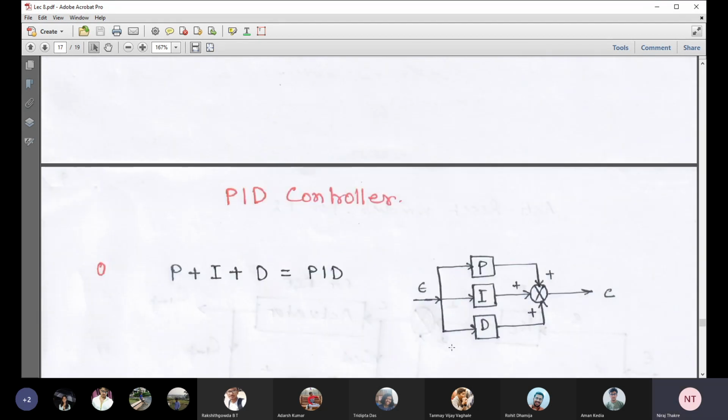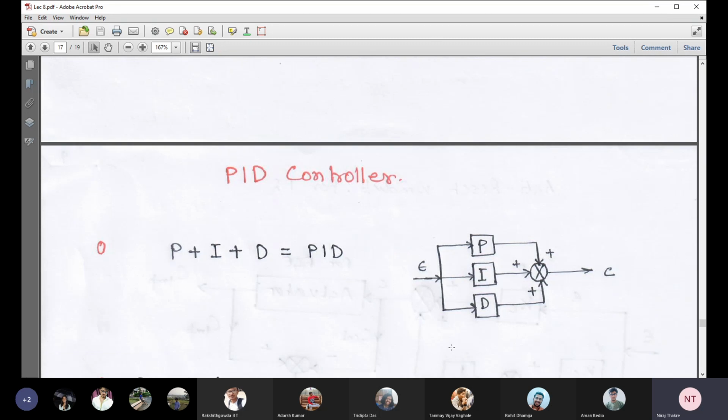Now next let us come to our third controller, that is PID controller, proportional integral derivative controller. We have studied so far proportional only, then PI, that is proportional integral. And our final control structure is PID.